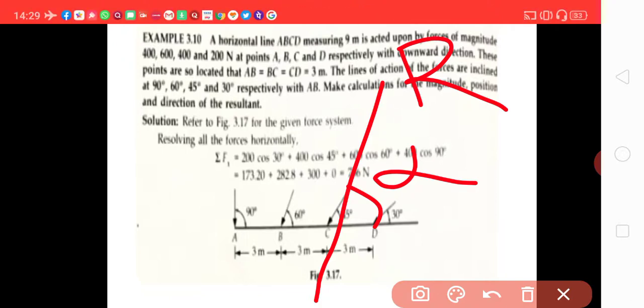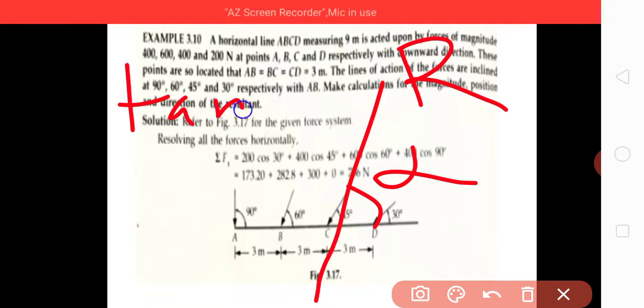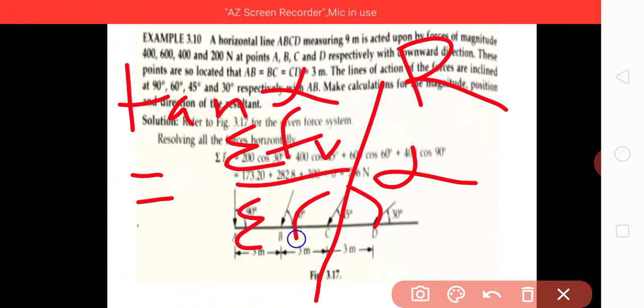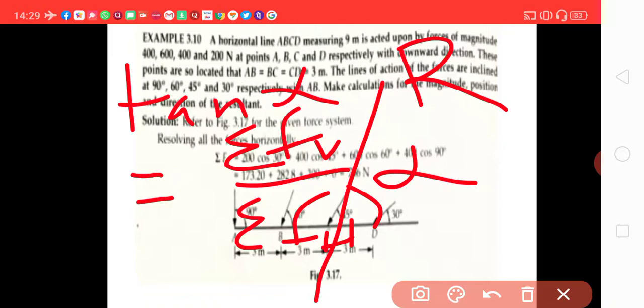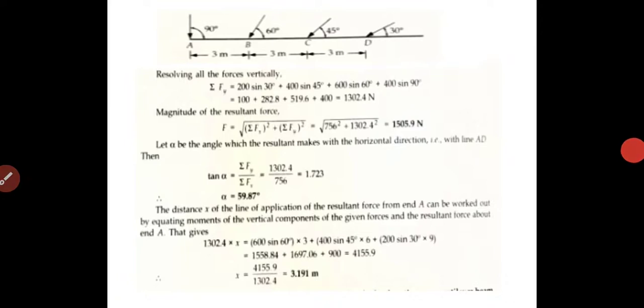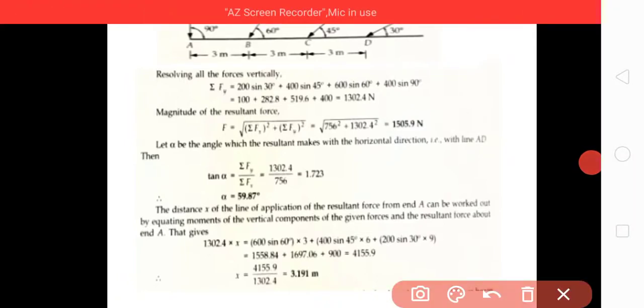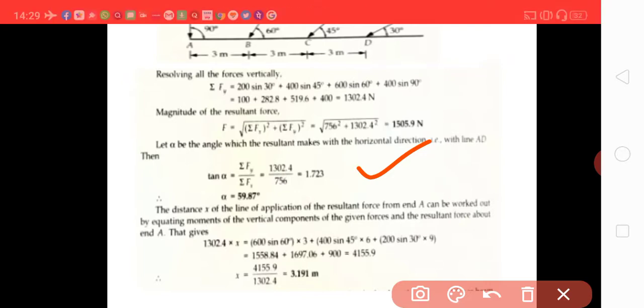Then tan alpha will be summation Fv upon summation Fh, which comes out to be 1.723. Then alpha will be tan inverse 1.723, which comes out to 59.87.